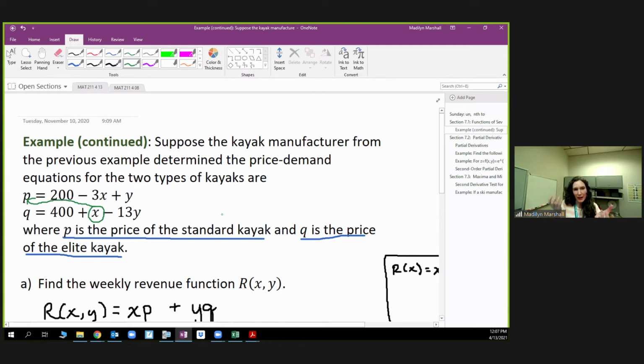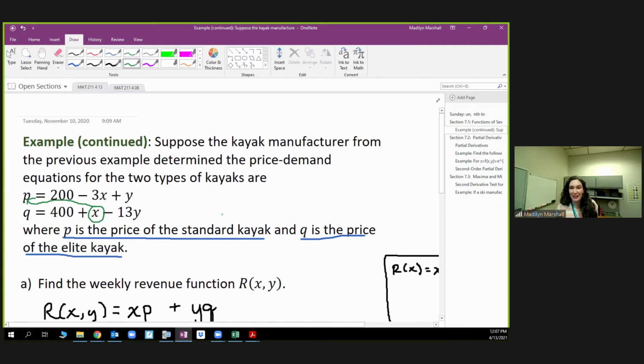at that point, if I'm willing to spend $400 or $500 on a kayak, I would probably be maybe okay with spending $50 more on the elite kayak. So that might be an okay price for me to pay.